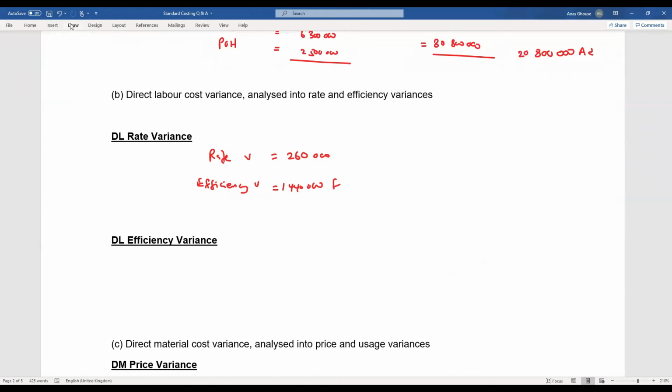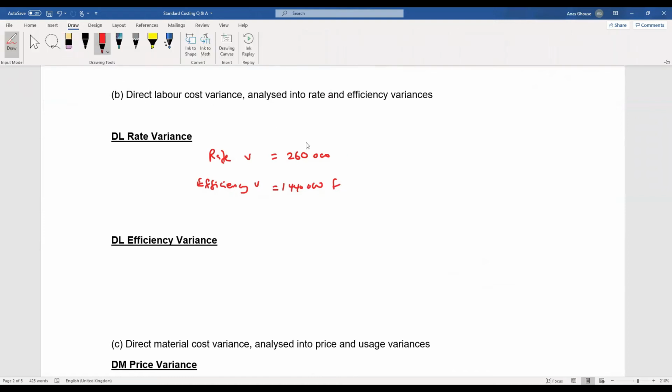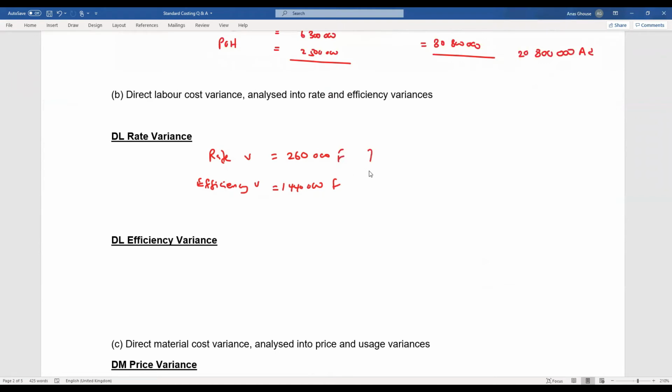Both are favorable variances. So therefore the total labor cost variance will be 260 plus 1,440,000, which is about 1,700,000 favorable. So this should be the favorable variance for the cost variance.